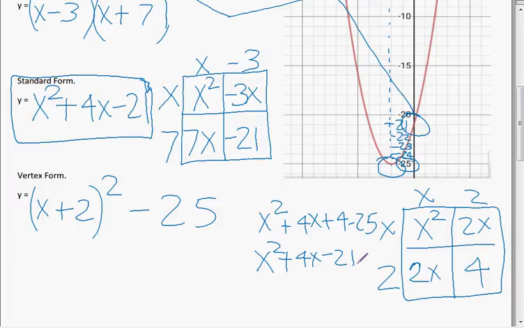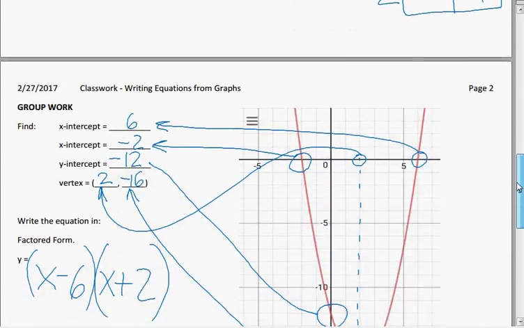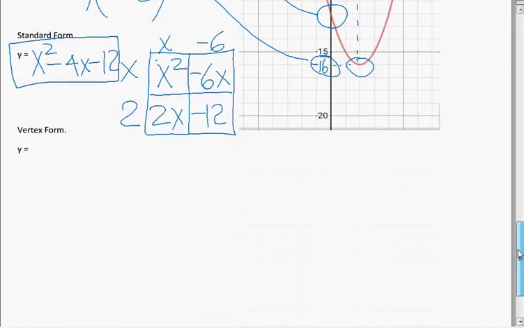And this is the same as my standard form. So I know this is correct. Okay. Take 4 minutes and do the vertex form for your problem.